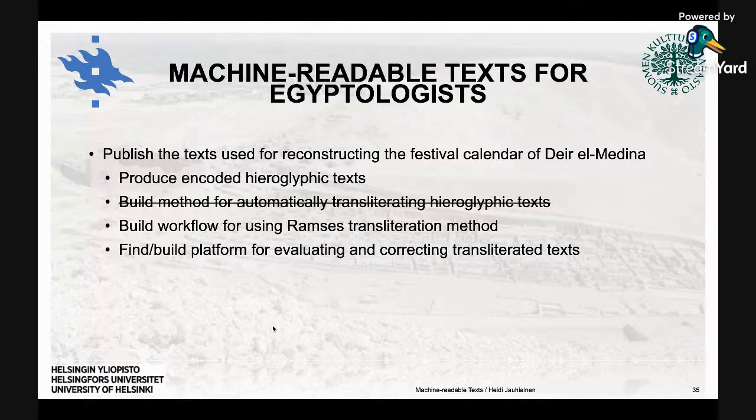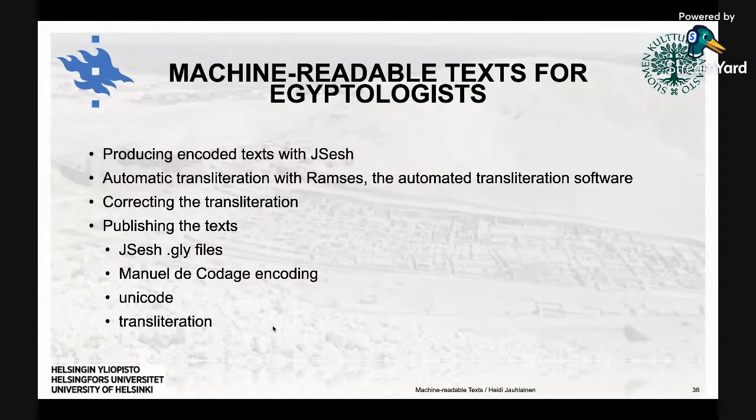The texts that I produce will be published in many different versions. I will publish the glyph files produced in JSesh so that the text can be worked on and modified later. I will also publish the manual encoding code for use in digital methods. And hopefully in the future, Unicode will be easier to handle and work with, so I will publish the Unicode versions as well.